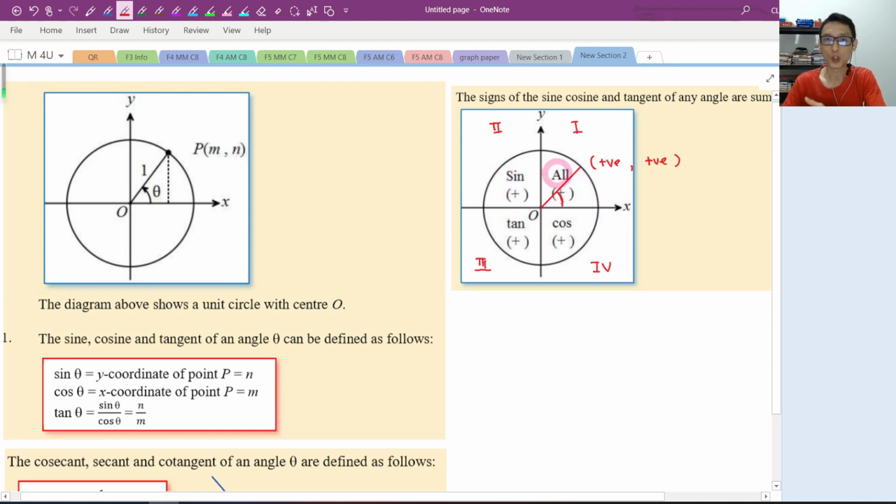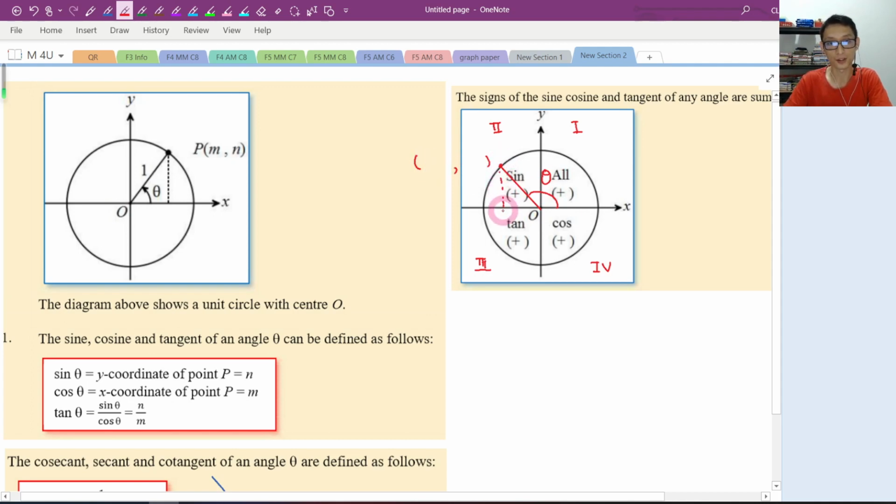So how about when we go to the second quadrant? Why is only sine positive and the rest negative? This time the angle goes into the second quadrant. So the angle will be here. This is theta. Try to think of the coordinates of this point. The x coordinate here will be negative, right?